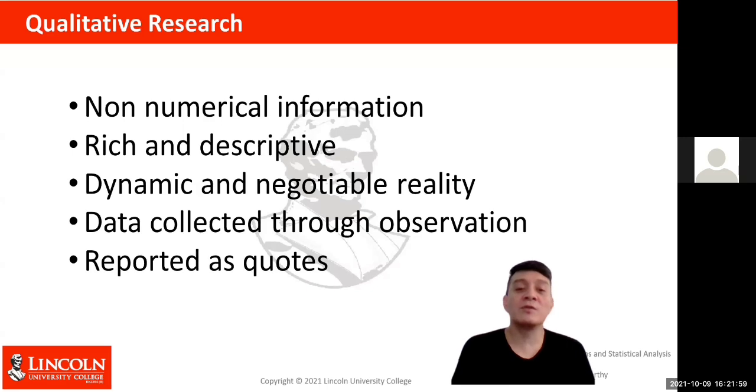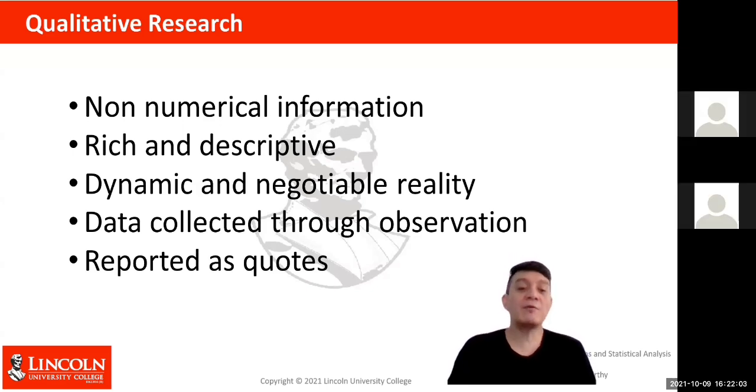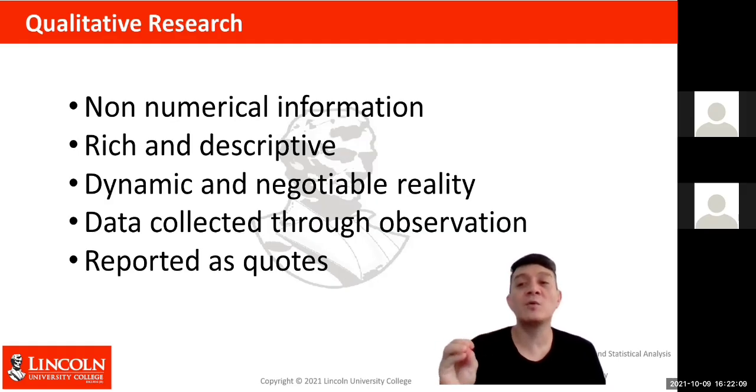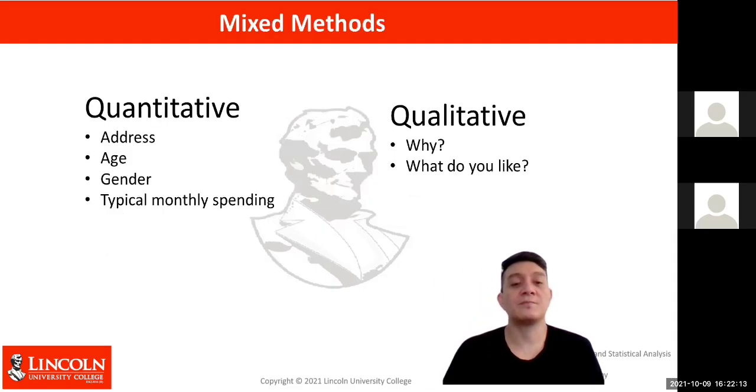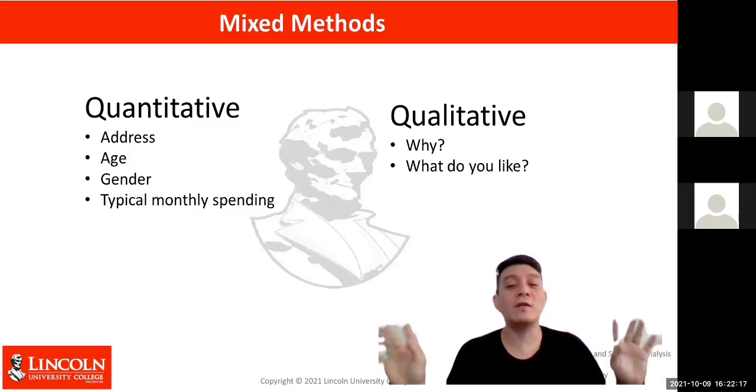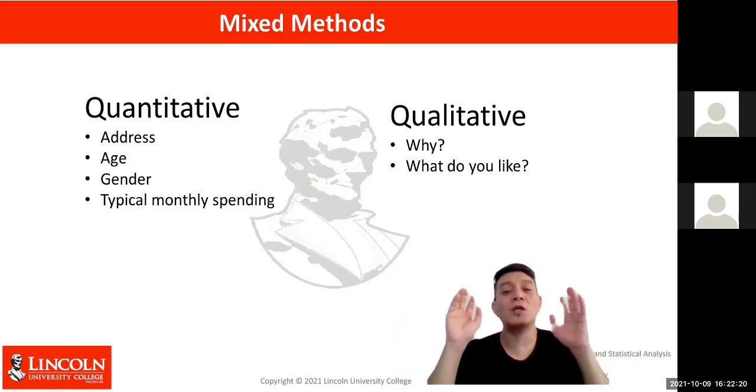Dynamic and negotiable in reality, data collected through observation and reported as quotes, like an interview. The in-depth interview will have quotes. That is qualitative research. The difference between the two is very easy.